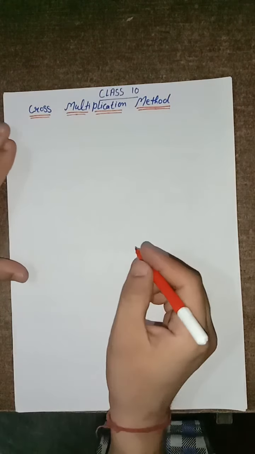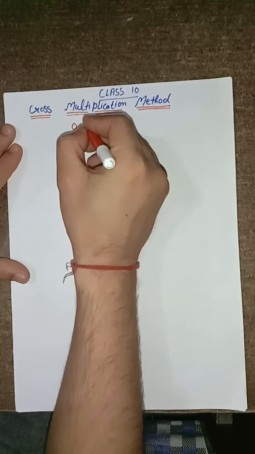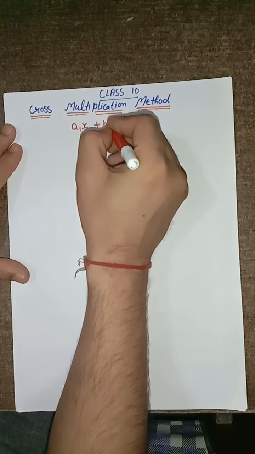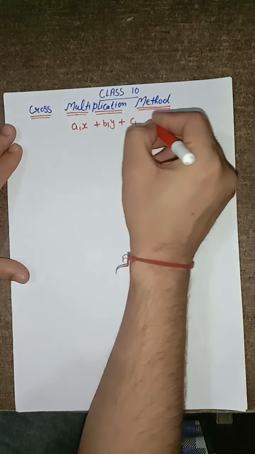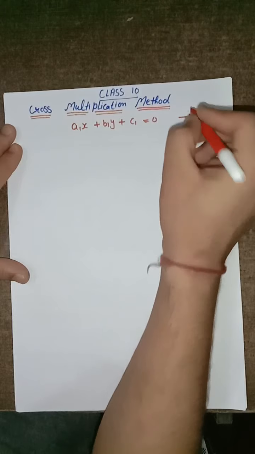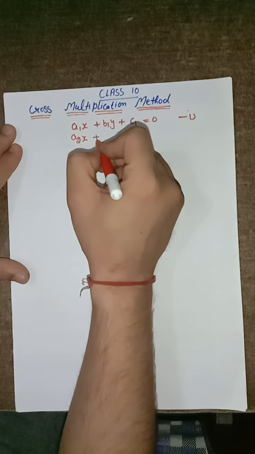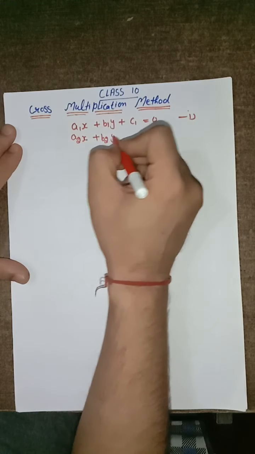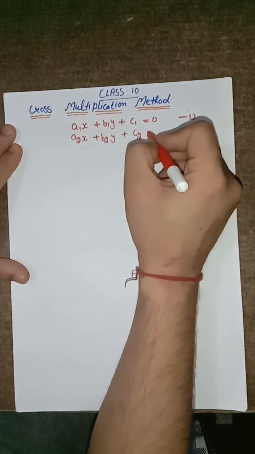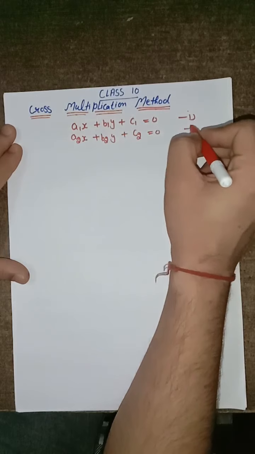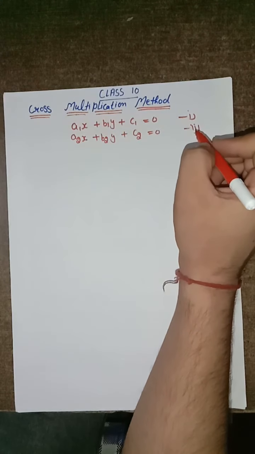In the cross multiplication method, if we have two equations like a1x plus b1y plus c1 equals 0, that is my first equation, and a2x plus b2y plus c2 equals 0, this is my second equation.